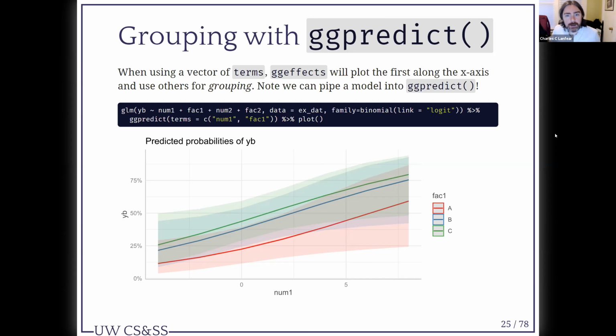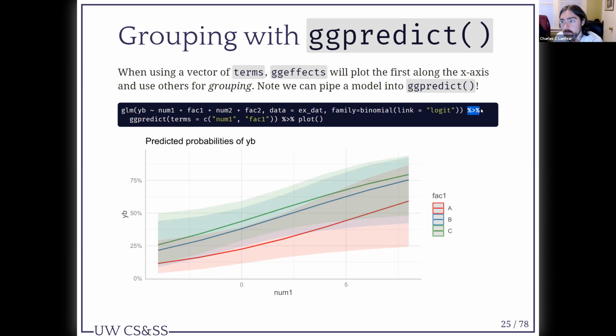Okay, I'm going to keep going then. Something with ggeffects is that ggeffects can take multiple variables as an input to the ggpredict function. So here's an example where I've taken a generalized linear model with a binary outcome and a whole bunch of predictor variables. You can tell it's a logit model because it says binomial link equals logit.